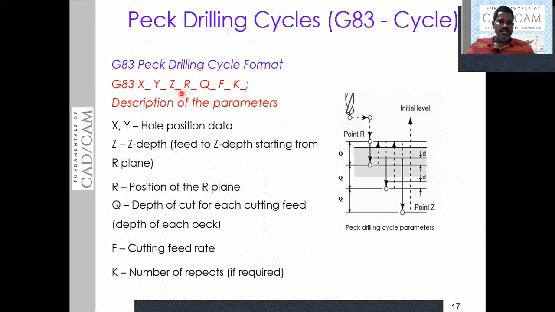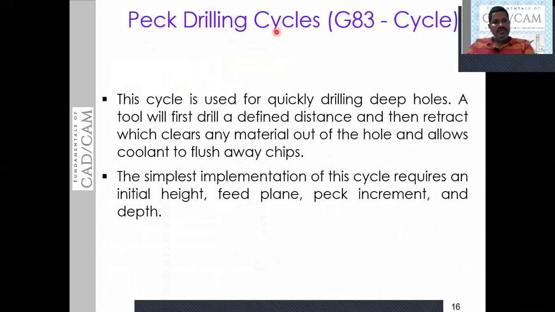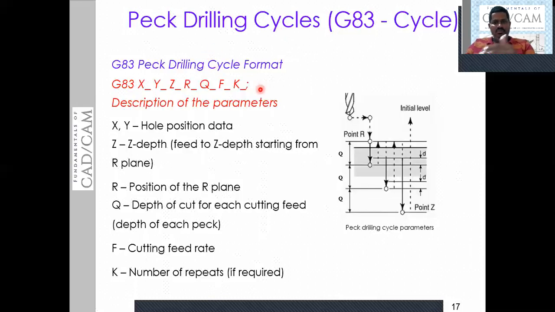That means these are all the inputs that we need to provide to perform this cycle. The Peck drilling cycle is basically nothing but the deep hole drilling cycle, where more cuts need to be performed. In a single pass, we cannot complete a deep hole because we have chips, and those need to be flushed away using a coolant or another mechanism.